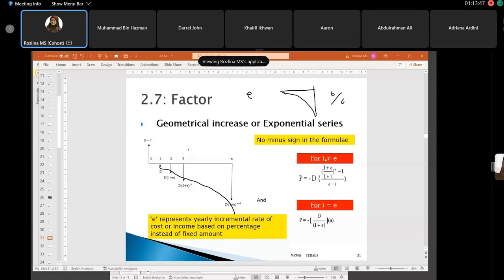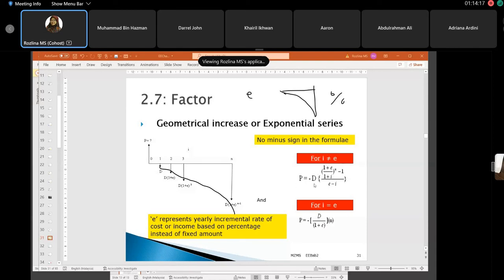The interest is 8%. But the E value, the incremental, is maybe 12%. I, 10%, but the incremental is 12%. So you will use this formula, because I and E are not the same value. Understand, E is incremental. I is interest. Okay. So you will use this formula.